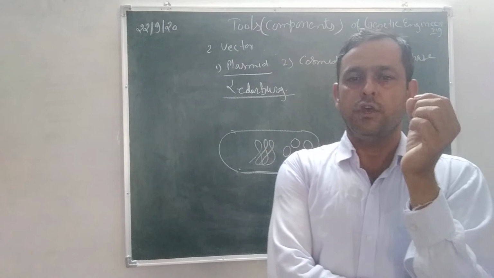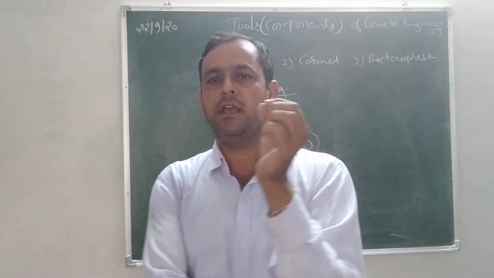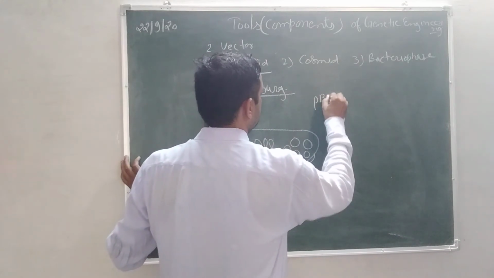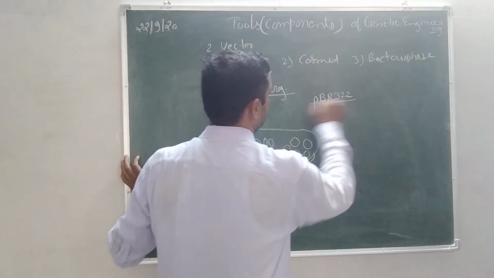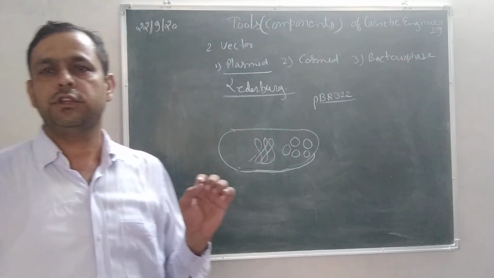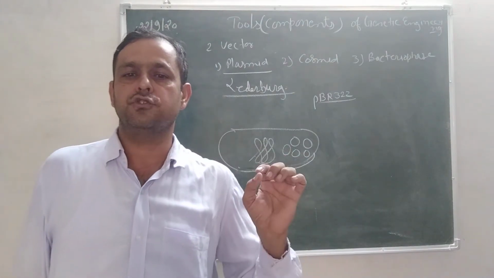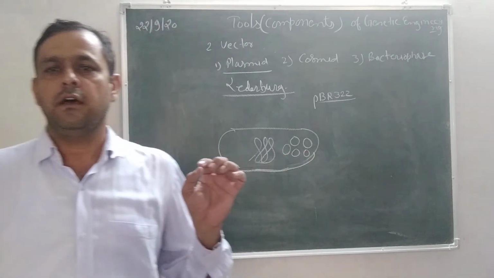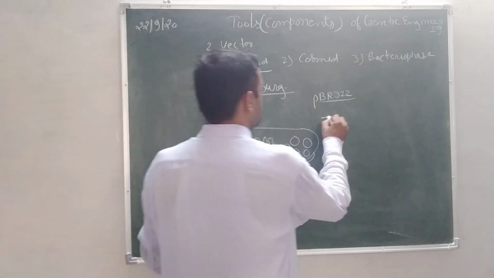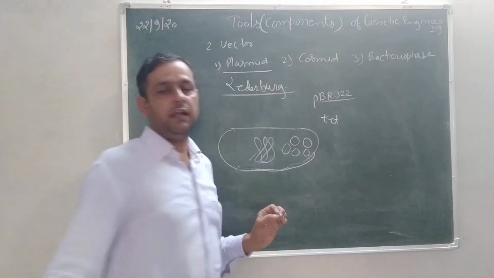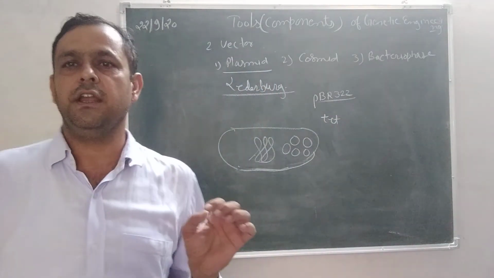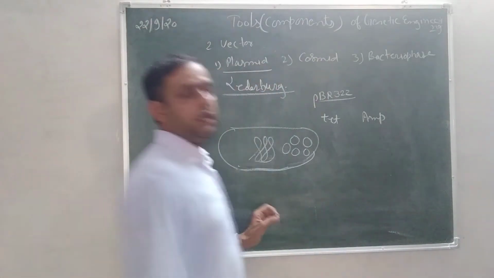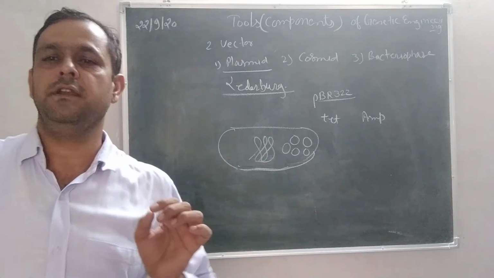The most usable plasmid is pBR322. It has 2 marker sites, that is tetracycline resistance, TETR, and AMPR, ampicillin resistance.